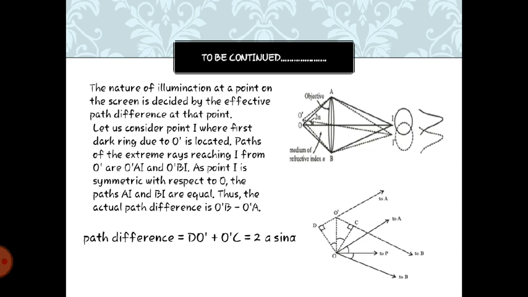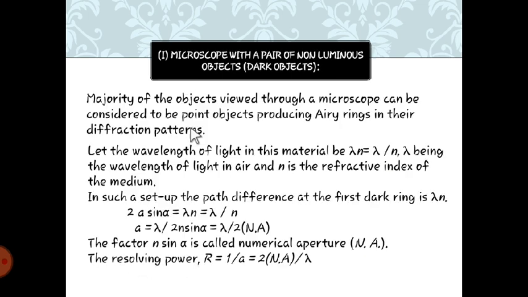Now when we consider a non-luminous object and a point object, what exactly happens to the resolving power, that we are going to see. Here is the microscope with a pair of non-luminous objects, which are dark objects. What is the meaning of non-luminous object?